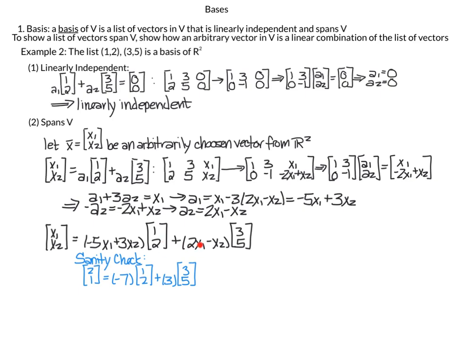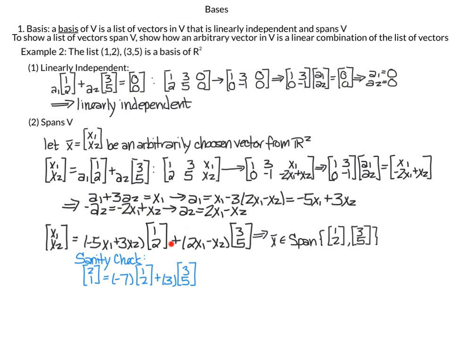And over here I have 2 times 2, which is 4, minus 1, which is 3, times (3, 5). If you multiply this out, this is minus 7 plus 9, that gives us our positive 2. This is minus 14 plus 15, that gives us our 1. So this gives me a good feeling that I've done all my algebra right.